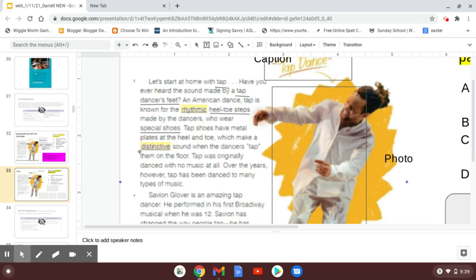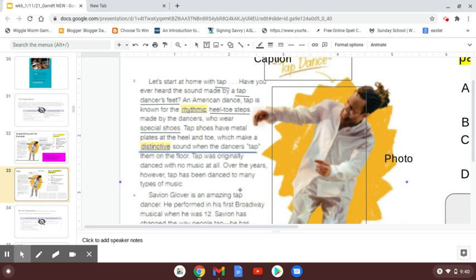So I'm just going to underline that information, like so. It says tap was originally danced with no music at all. Over the years, however, tap has been danced to many types of music.